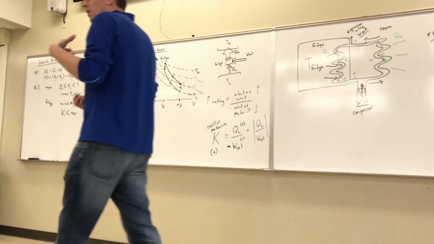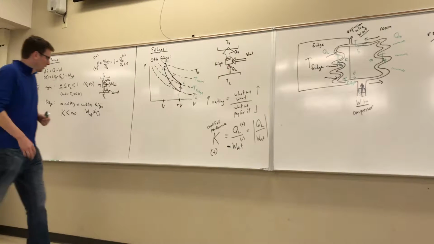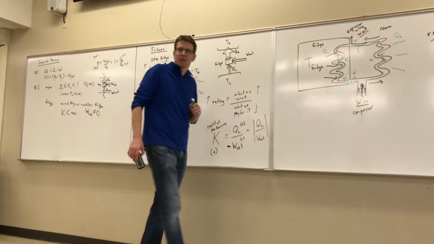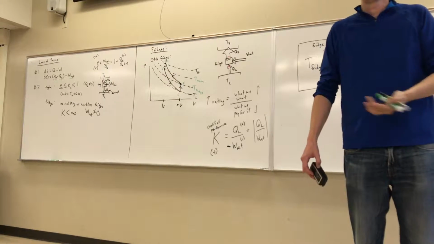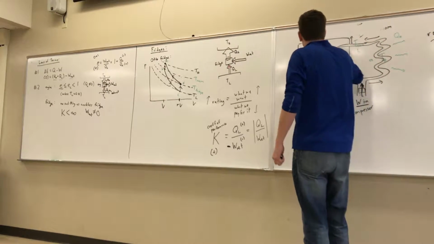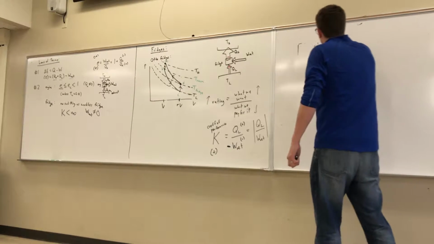Well, again, you can't literally run a particular device which is designed to be an engine backwards as a refrigerator, but we might still want to compare the thermodynamic cycles. If we're looking at the PV diagram, we might be interested in knowing how, if we run it one way as an engine or the other way as a fridge, they are going to compare. So let me show you the relationship.